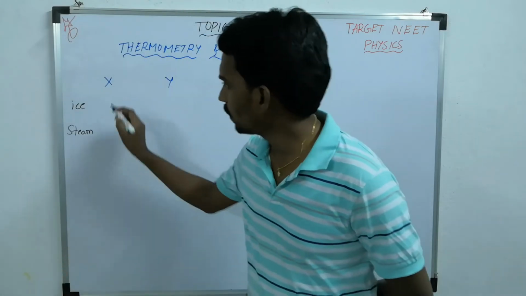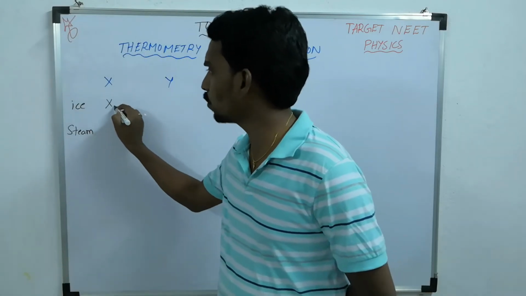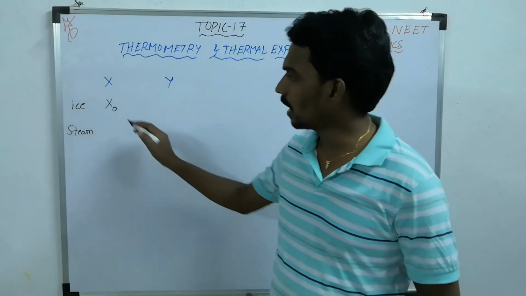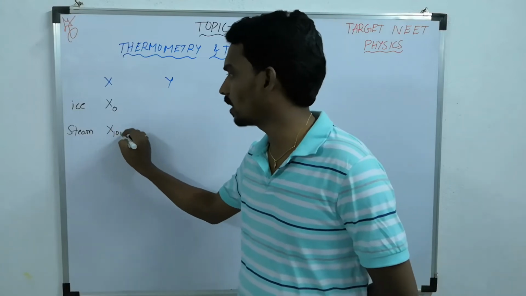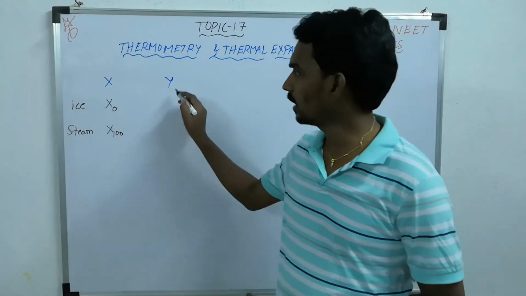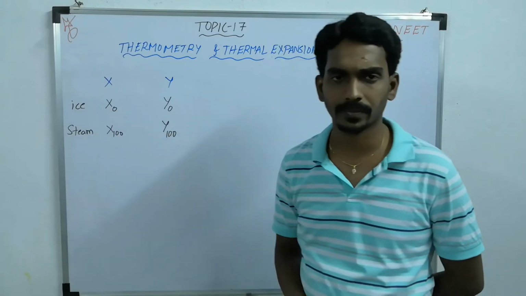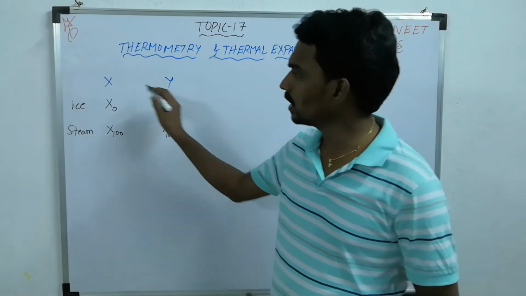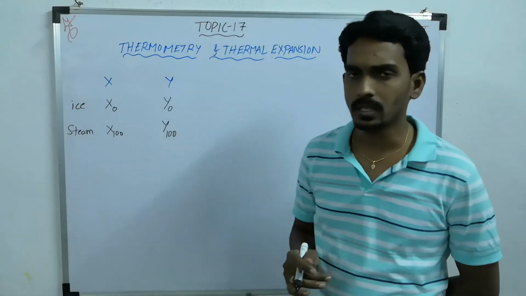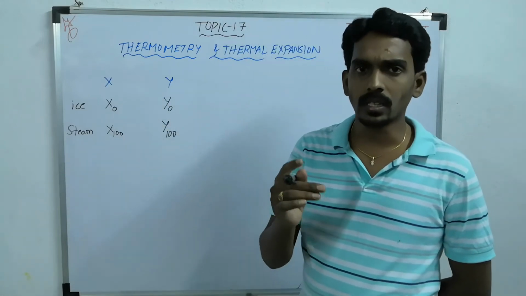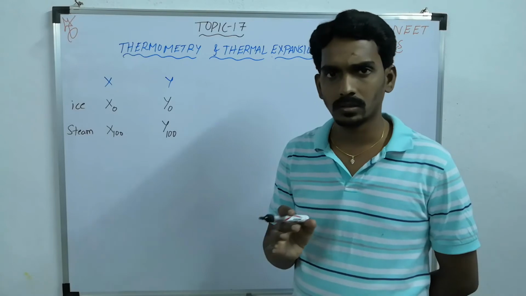So if in the X scale the ice point is X0 and the steam point is X100, and in the Y scale Y0 and Y100, then what is the relation between them?